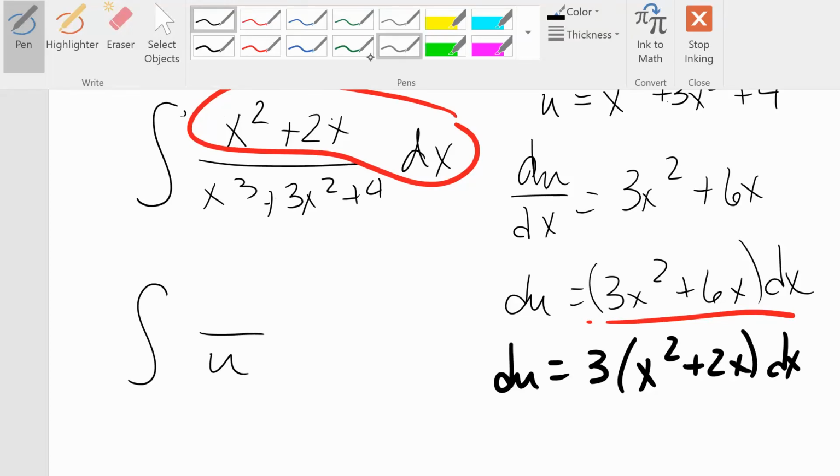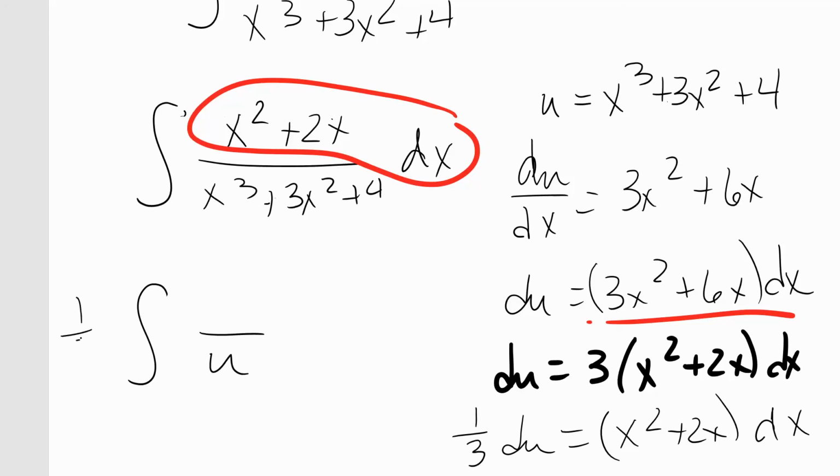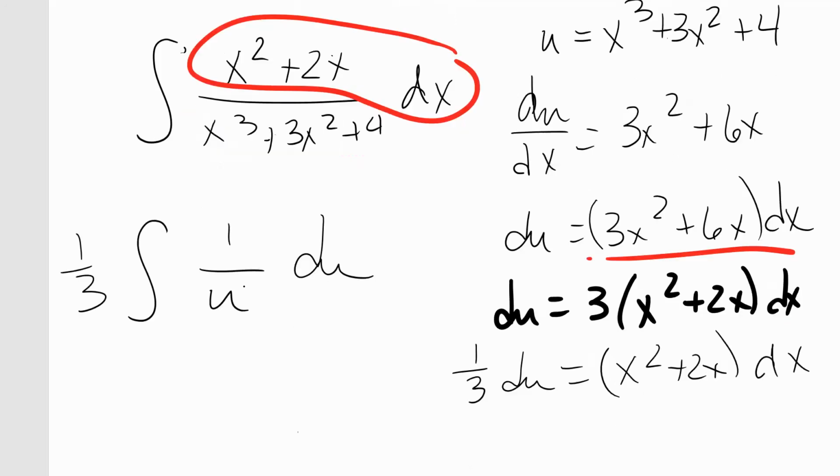Then I can go ahead and divide each side by 3. So 1/3 du is x squared plus 2x dx. So now that that does match with what I have left circled in the red, I can get rid of the x squared plus 2x dx and replace it with 1/3 du. 1/3 out front, du out back. There's nothing left in the numerator, so put a 1 there.